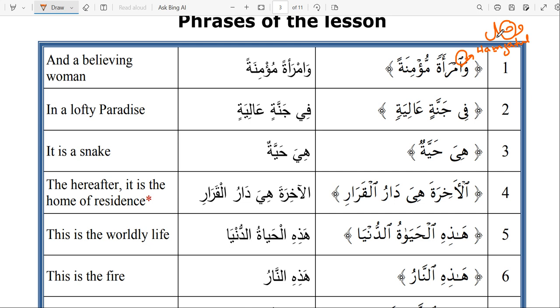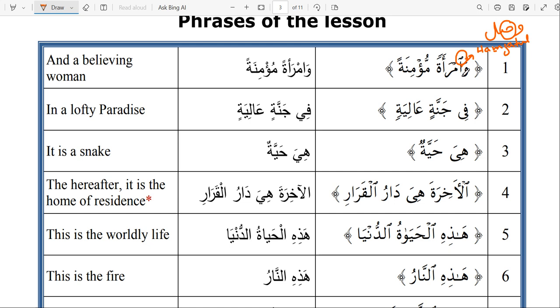When you read and learn tajweed, we cannot read each and every word separately. As if you are reading wa imra'atan mu'minatan. You cannot read Quran like that. There is a specific rule for reading a Quranic ayah, and that is called tajweed. So here, how are you going to read wamra'atan mu'minatan?